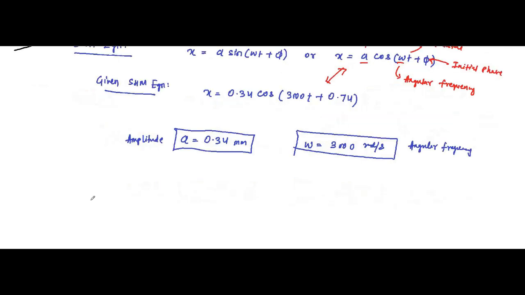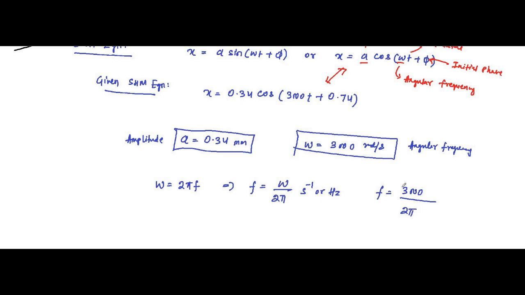Now we know that angular frequency and frequency are related as omega is equal to 2 pi f. That implies f is equal to omega by 2 pi, in second inverse or hertz, whatever you want to write. Here omega is 3000, so f is equal to 3000 by 2 pi.